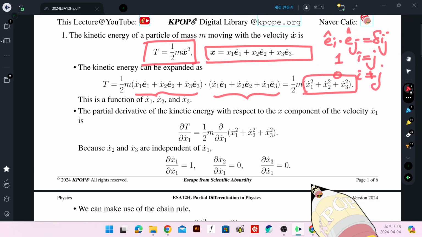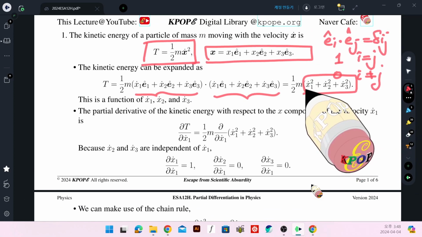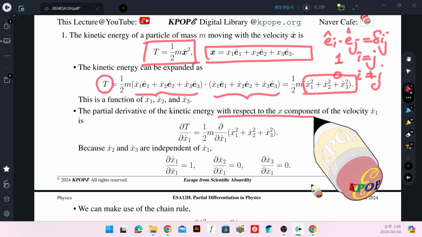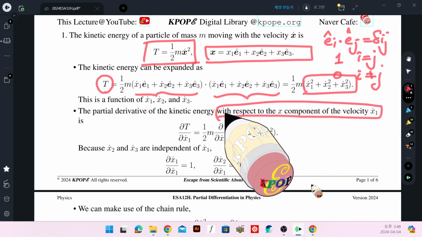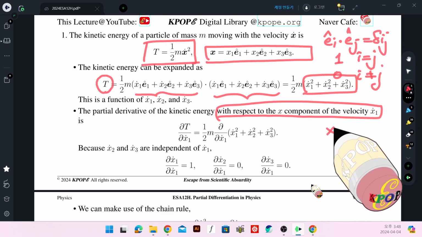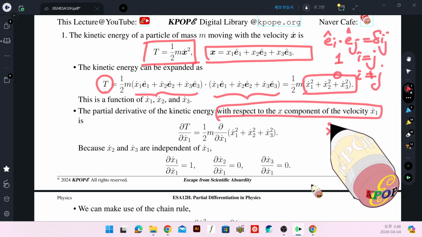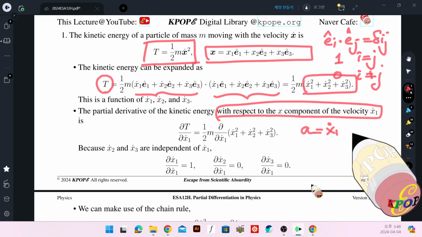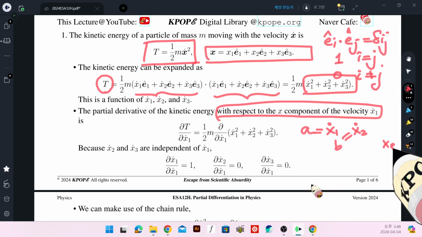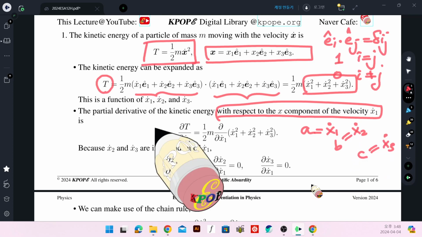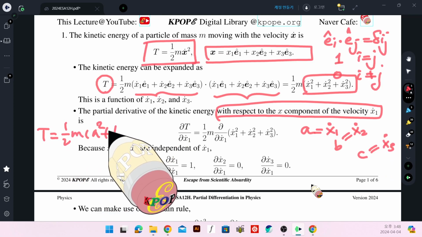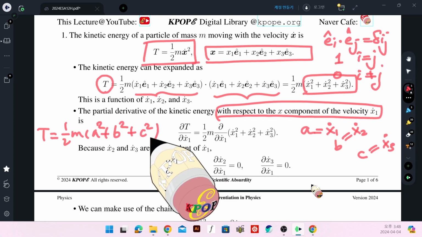We can compute the partial derivative of this kinetic energy with respect to the x component of the velocity, that is x1 dot. For simplicity, if I replace x1 dot by a, x2 dot by b, and x3 dot by c, then this kinetic energy is 1/2 m times (a squared plus b squared plus c squared).